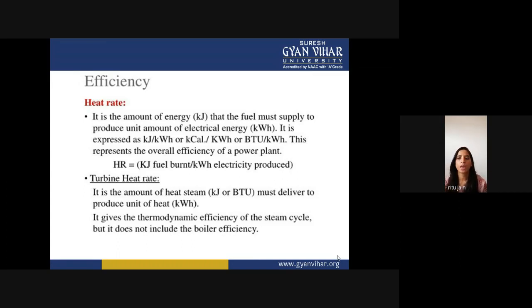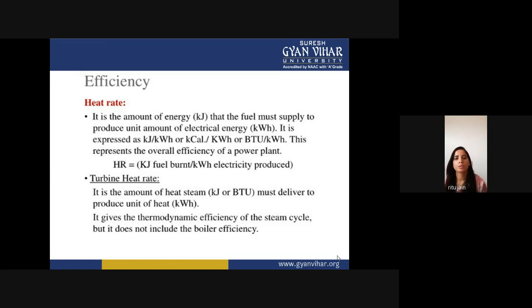So heat rate can be expressed as: this amount of fuel you are burning, and after that this amount of electricity is produced. So the heat rate is equal to kilojoule per kilowatt hour. It is the ratio of energy divided by the units, or the electricity produced from the burning of fuel.